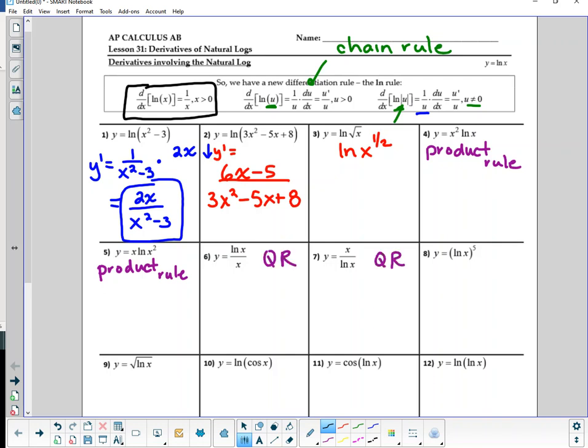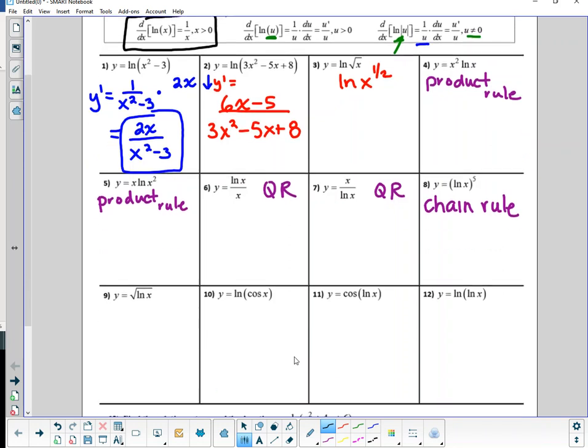I have a couple quotient rules. I have a train, not a train, it's a chain. I have a chain rule. And I have trig. Okay. So we've got a lot of different rules here to practice and check answers against.